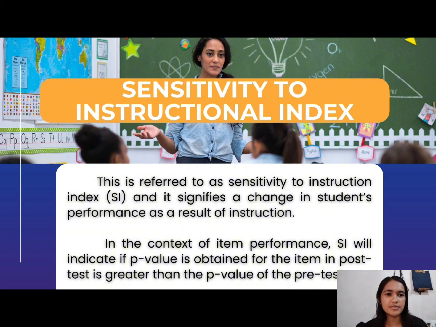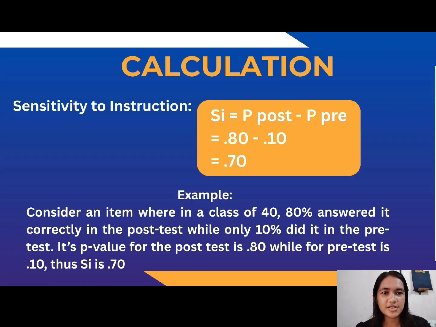In the context of item performance, the SI will indicate if the proportion value obtained for the item in the post-test is greater than the p-value of the pre-test. So it shows whether students perform better on a specific question after the instruction compared to before instruction.